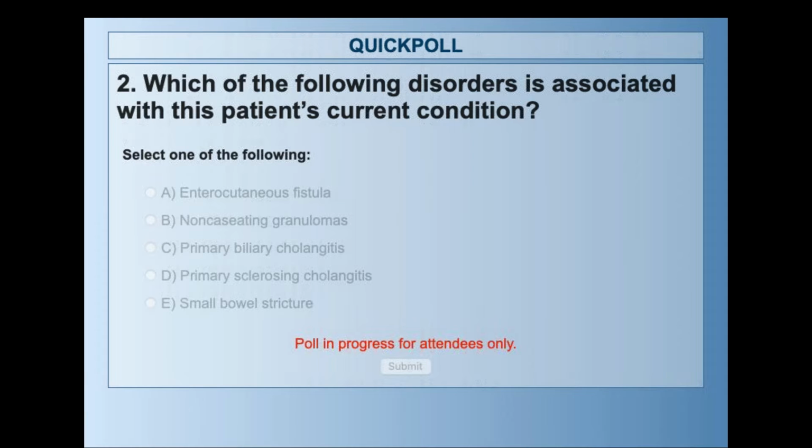Okay, the poll is in progress. Take a look at those disorders. Figure out which one you would connect with this 20-year-old patient. Let's see. So we've got about a third of you voted.